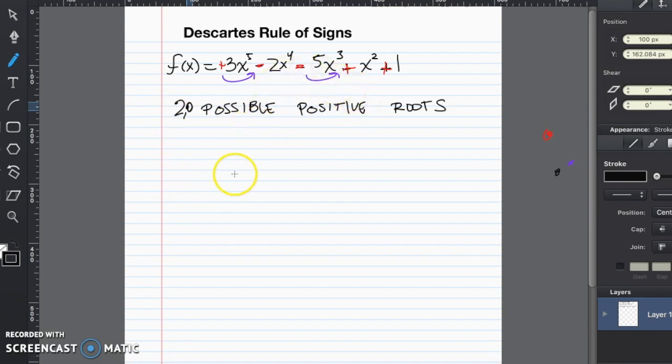And for the next one, if I want to see if I have negative possible roots, what I'll do is just plug in a negative x into my polynomial and see what happens, okay? And then again, I'm looking for changes in sign.